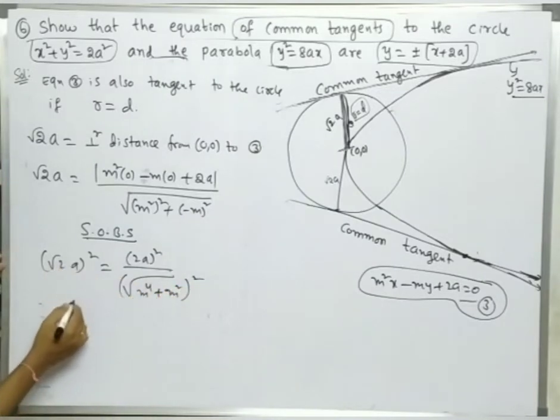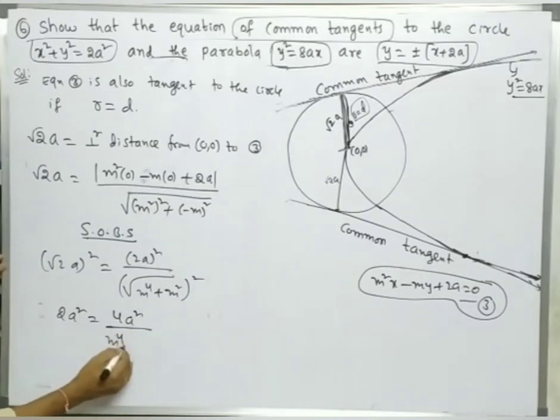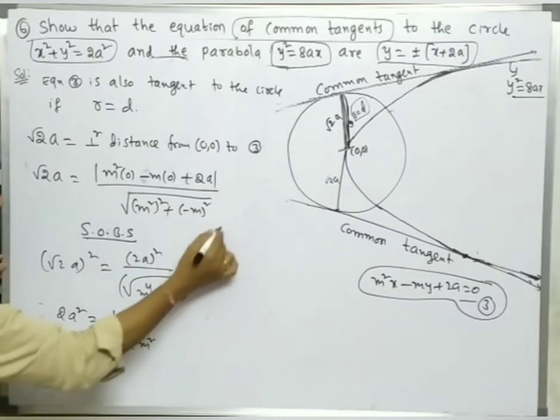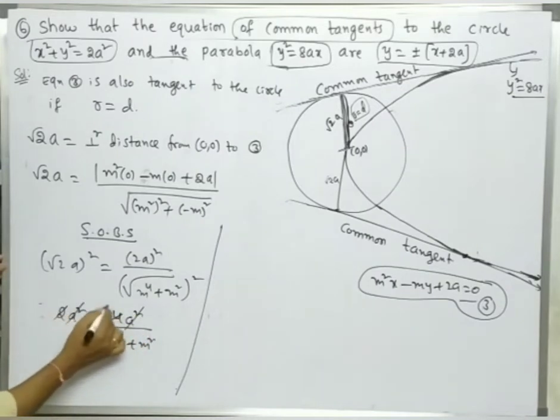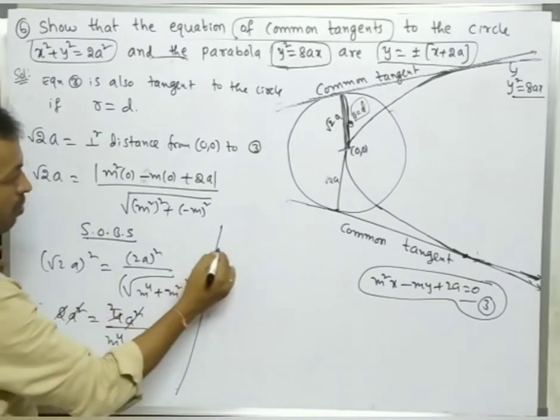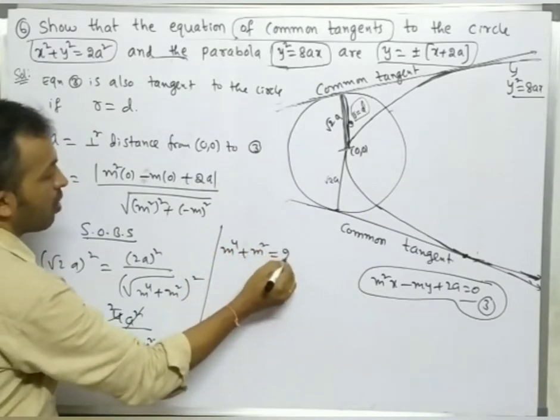Root 2a whole square means 2a square is equal to 4a square by m power 4 plus m square. A square gets cancelled, 2 1s are 2, 2 2s are 4. Do cross multiplication, you will get m power 4 plus m square is equal to 2.